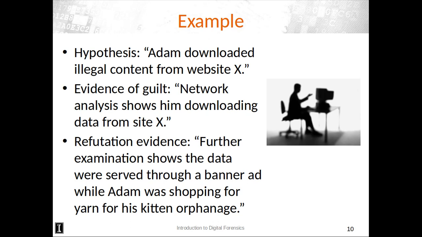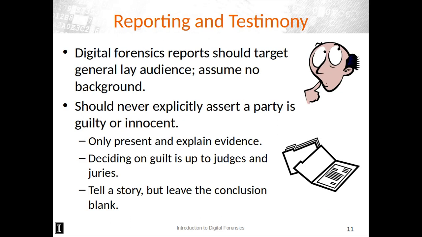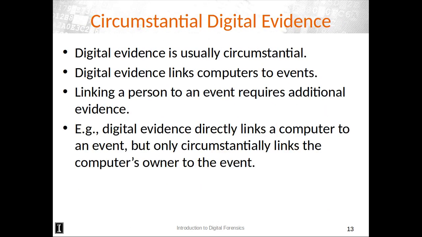But that's just circumstantial. Who was the agent that performed this download? Who was the person sitting at the computer when this happened? We need additional sources of evidence to be able to link the person themselves to the activity that occurred on just the computer itself.